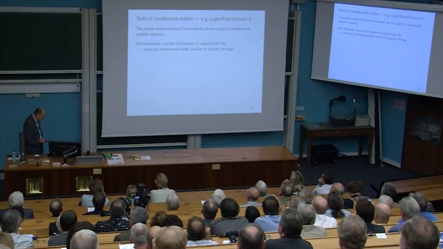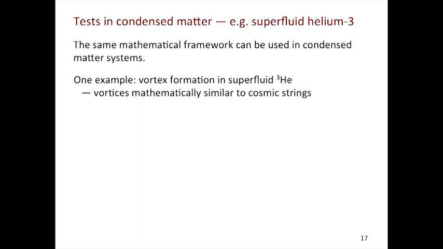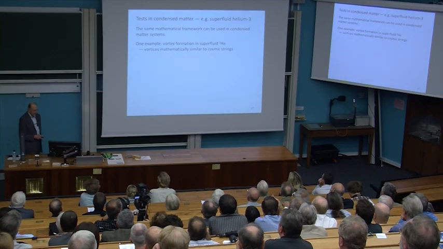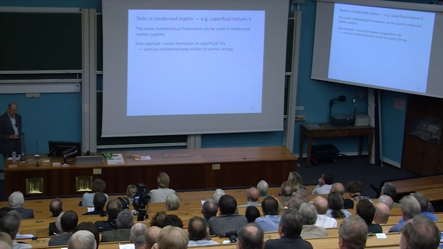You can have tests in condensed matter systems. And I want to talk in particular about one, because I was involved in that particular one. The same mathematical framework can be used in condensed matter systems. And there, of course, you can go and do experiments and see exactly what happens. You can have a system and let it go through a phase transition at some rate and see how many defects you get.